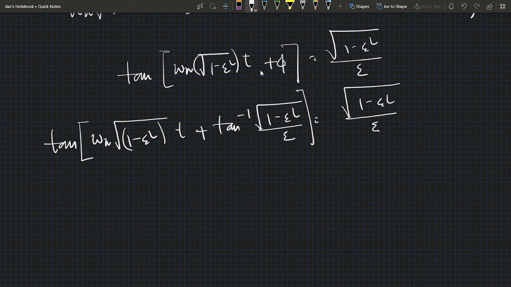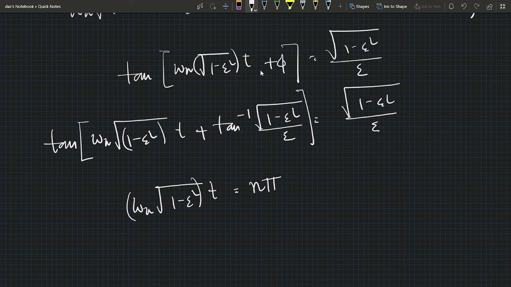Okay, so from this equation we can write that omega n root 1 minus zeta square t is basically equal to n pi, for n equal to 0, 1, 2 respectively.